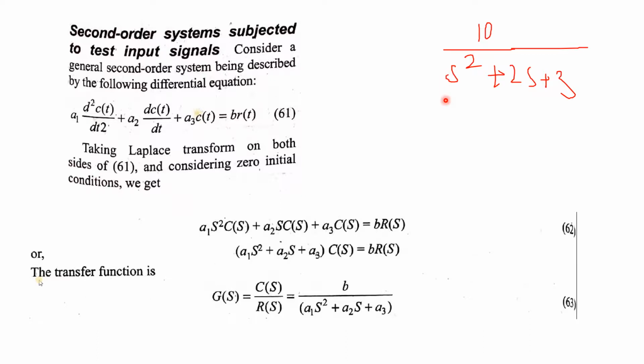For a second order system, the expression for the time response is not that simple. We have to take a few conditions or criteria, there are some observations. We have to determine it in a different way, because in a first order system, suppose 1 by s plus 3, we know the value of s is minus 3.